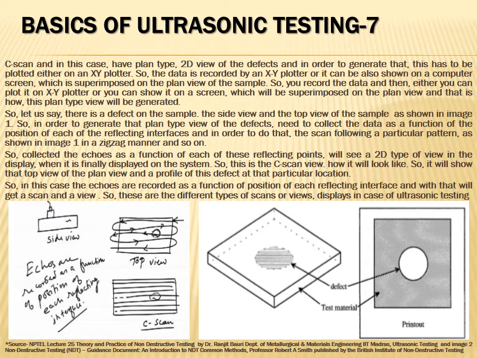You see the scan view, how it looks in that image. It shows the top view, the plan view, and you will see a profile of the defect at a particular location. In this case the echoes are recorded as a function of each reflecting interface, and with that you get a scan view as shown in the image. So these are the different types of scans or views displayed in ultrasonic testing.